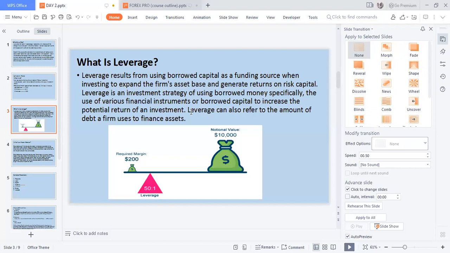Leverage is exactly when you have a certain amount of money in the forex market, and the broker will tell you, Mr. Victor, since you don't have much money, we can use a specific leverage for you, which can be so helpful.